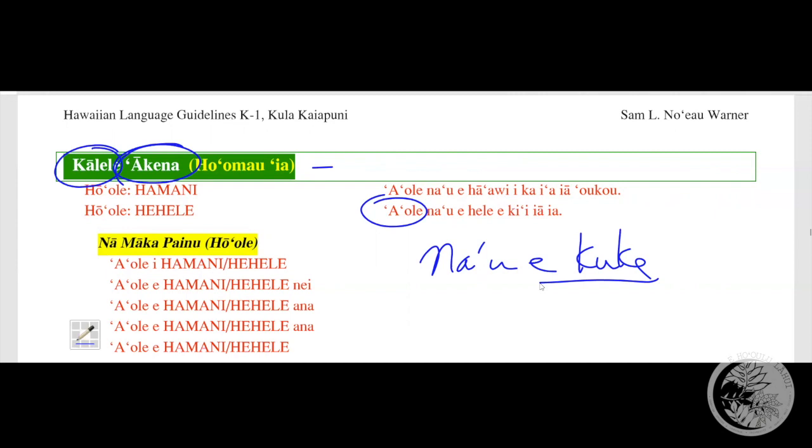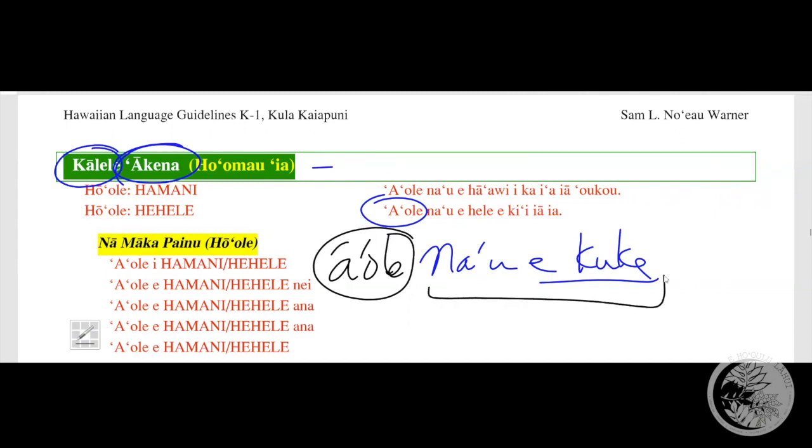And to make that negative, pretty simply, we just add ʻaole as a new po'o right in front. So na'u e kuke, to negate, ʻaole na'u e kuke. Yeah, it's not I, ʻaole na'u.